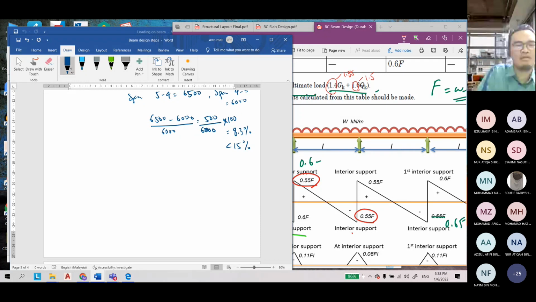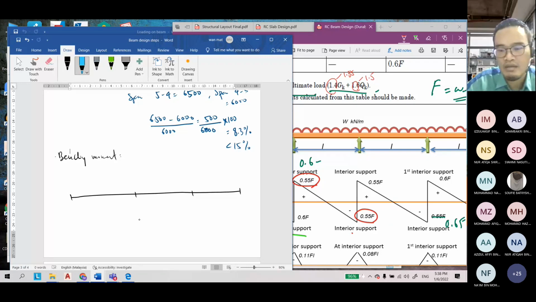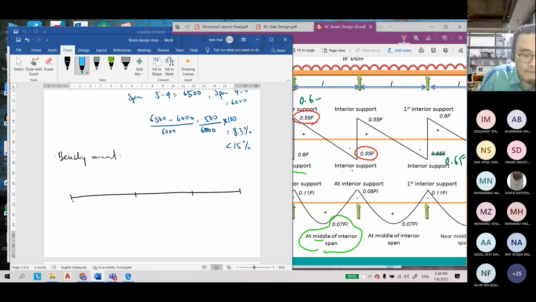So this is your bending moment, and this is your span. Your bending moment will be like this.